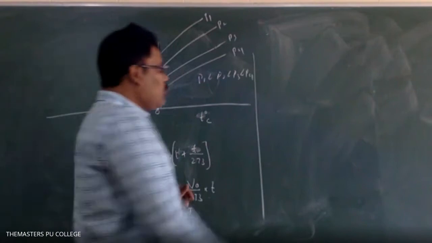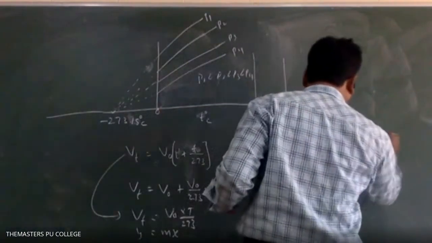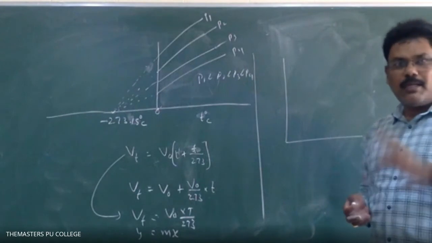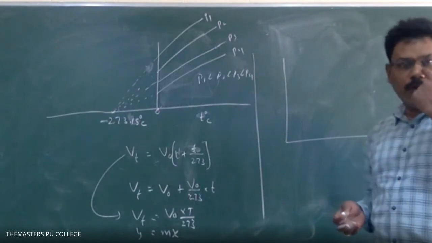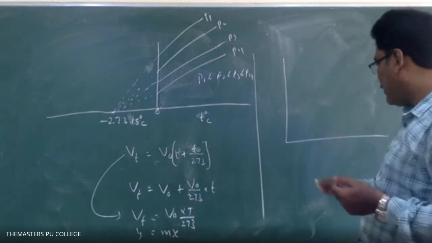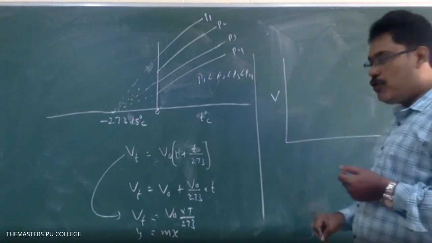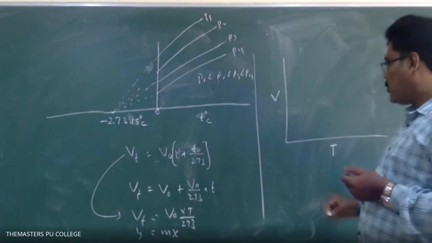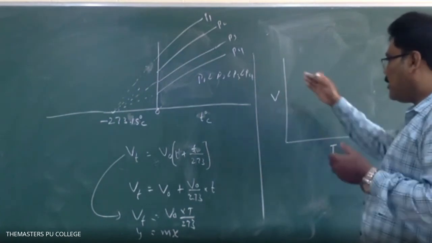Then you will get different graphs at different pressures, that is P1, P2, P3, P4. Here we are taking volume and here we are taking temperature.